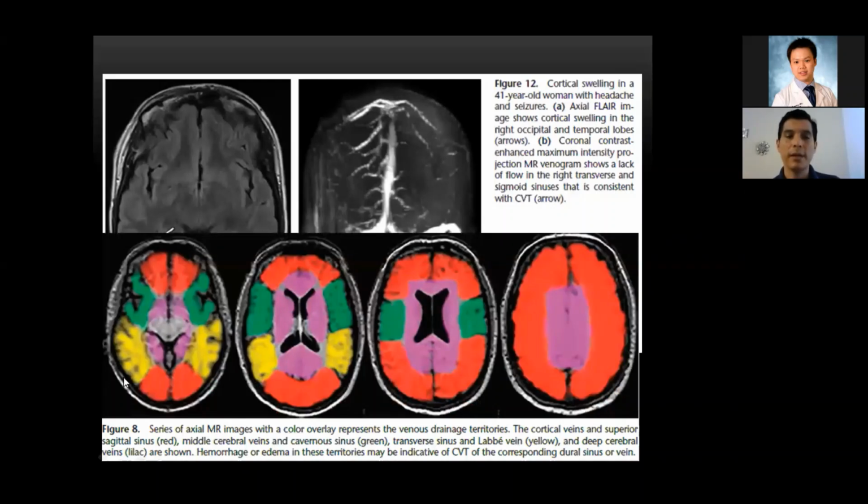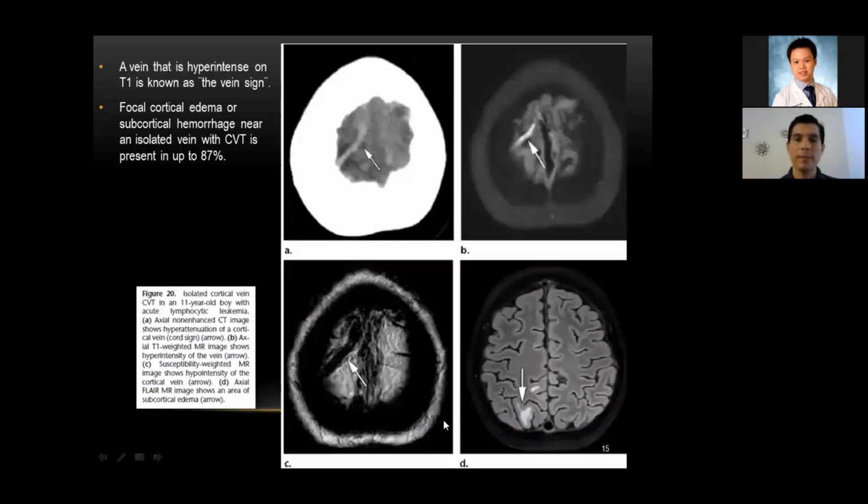These are the areas, the drain, the main veins, and this central area is what we have pathology in case of deep cerebral veins, like in this case.